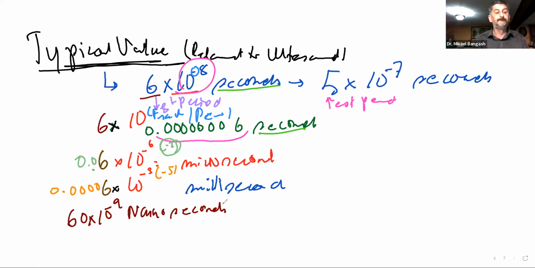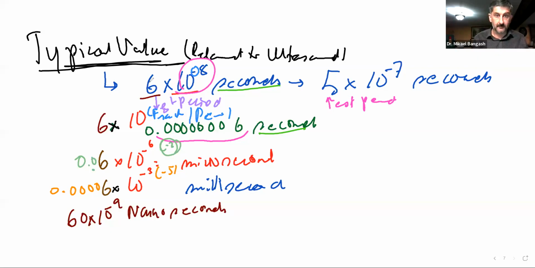Anybody confused? That was just conversion of one basic value.